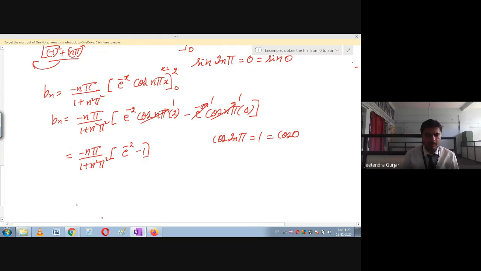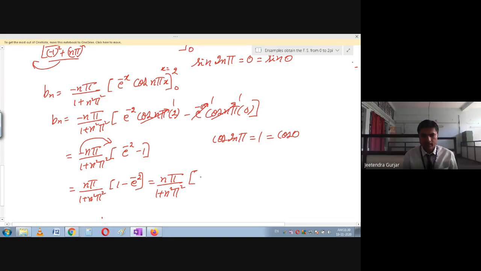Next, if you simplify further, students, I will take this minus inside the bracket to make the value positive. Therefore n pi upon 1 plus n square pi square times 1 minus e raised to minus 2. Further, if you want, you can simplify 1 minus 1 upon e raised to 2, since e raised to minus 2 can be written as 1 upon e raised to 2.